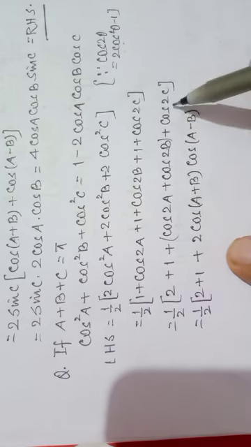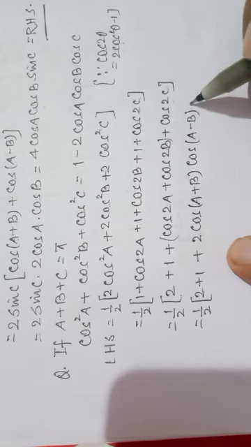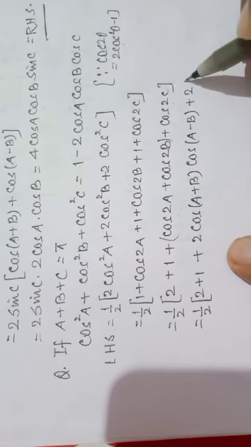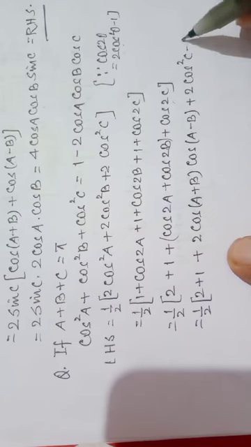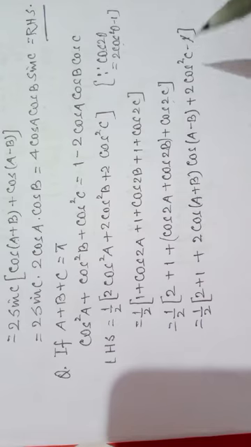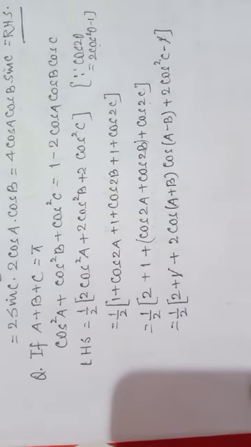The next term is cos 2c. This should be written as 2 cos square c minus 1. These two ones should cancel because it is plus and minus.